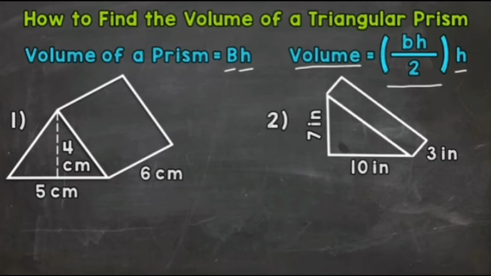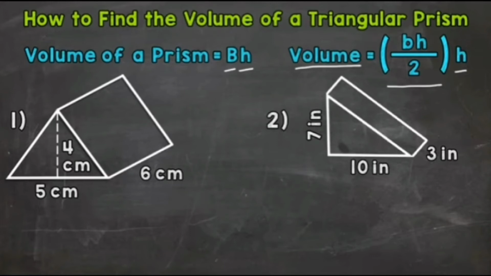So let's jump into the problem and take a look at the bases of the triangular prism. Now the bases of the prisms are congruent and parallel. The triangle up front is congruent and parallel to the triangle in the back.